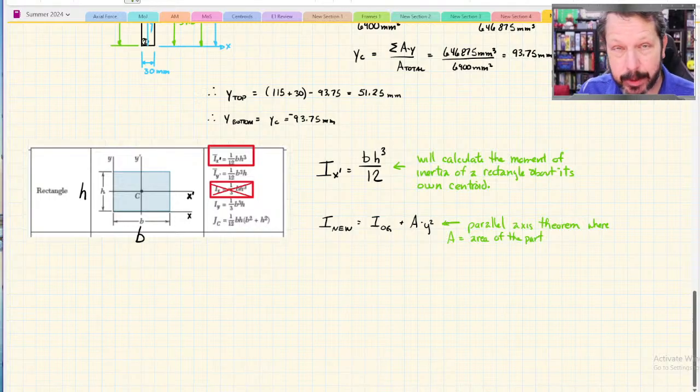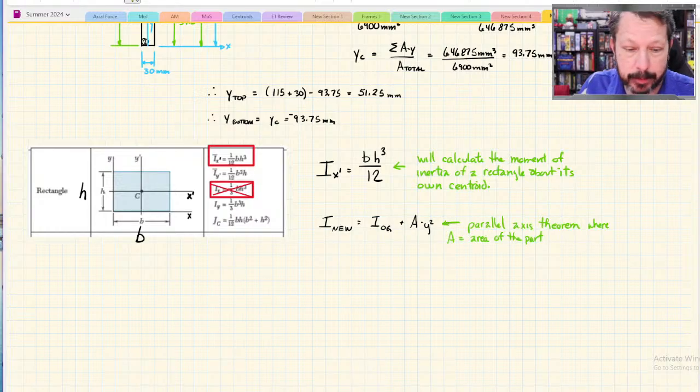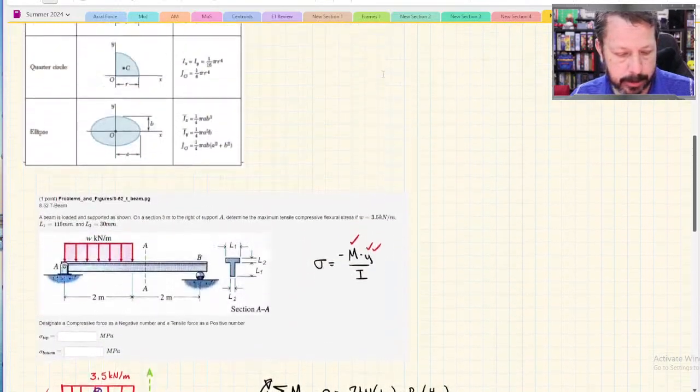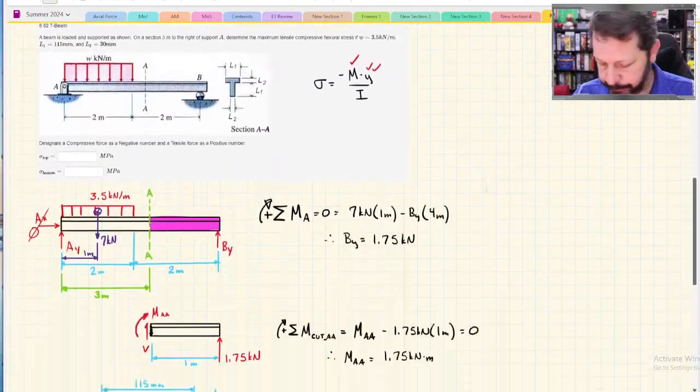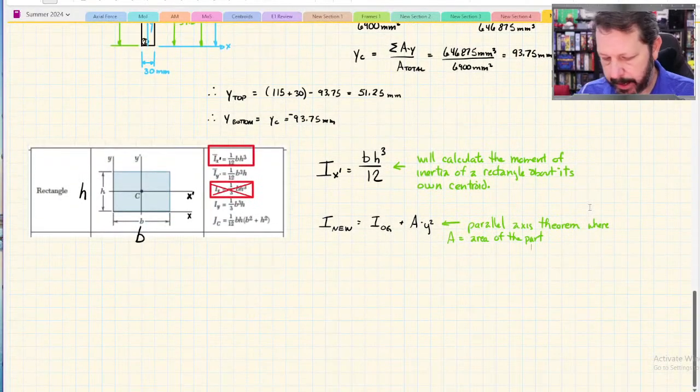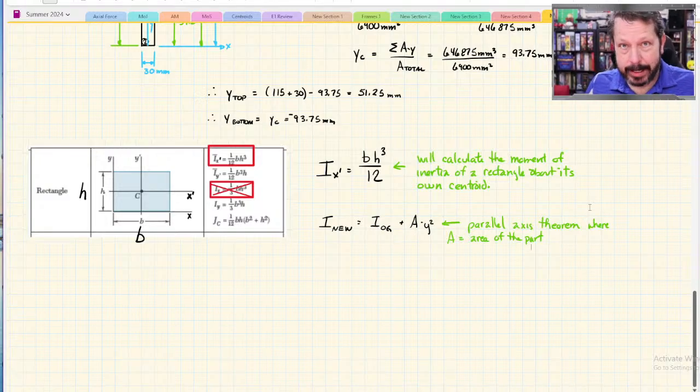In this case, the part is either part 1, the flange, or part 2, the stem, but it could be whatever part. Any of the parts could be any of these shapes. And here's another y value. So this is a different y.